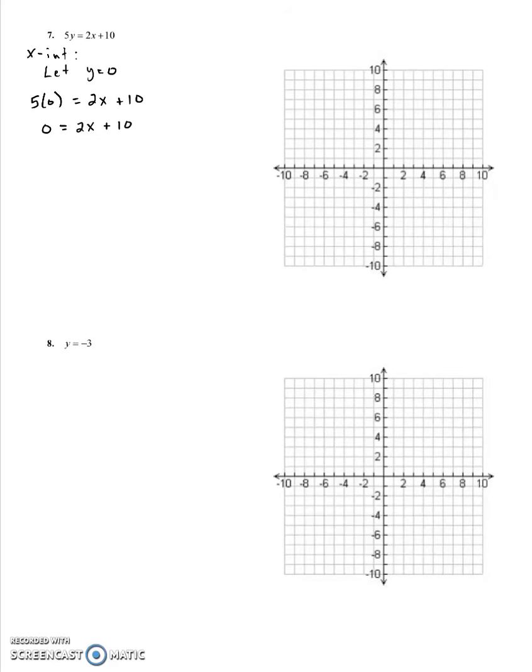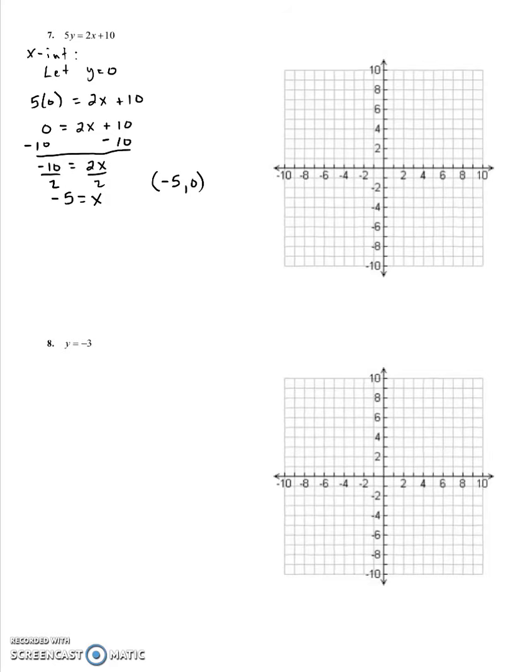We need to get the 10 on the other side of the equation, so we'll subtract 10 from both sides. We get negative 10 equals 2x. Divide both sides by 2, and we get negative 5 equals x. So for this one, our x-intercept is (negative 5, 0).